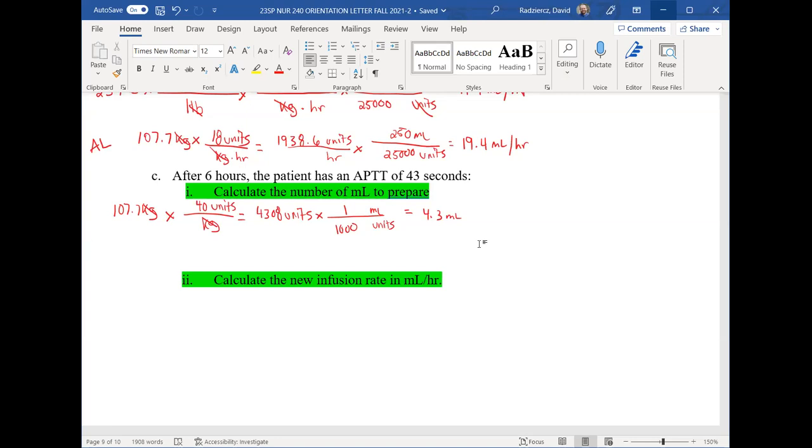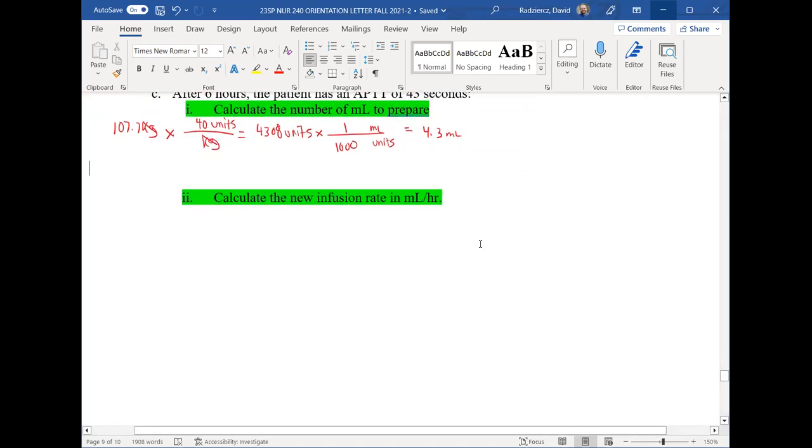Now the new infusion rate. So it told me we initially started at 18 units per kilogram per hour. Now we're going to increase it by 2 units per kilogram per hour. So I'm going to take the same patient, same weight in kilograms, but instead of calculating 18 units, I'm going to increase by 2.